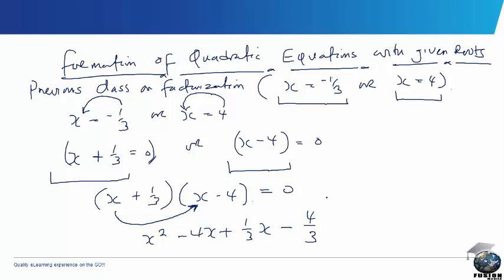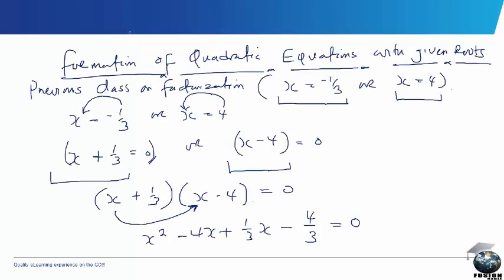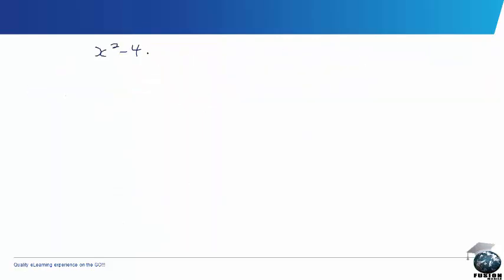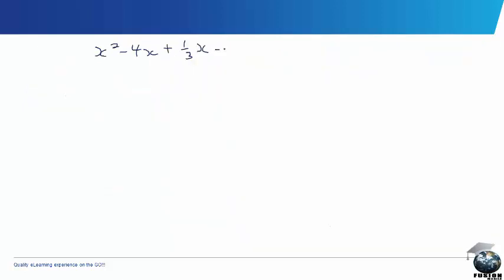They are all equal to 0. So let me pick my values: x squared minus 4x plus 1 over 3x, and minus 4 over 3 is equal to 0.